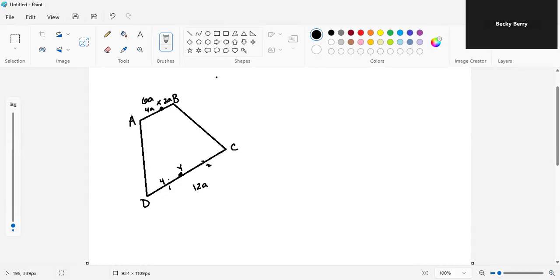So 4a for right here, 4a for right here, and 4a for right here. This total would be an 8a. So from D to Y would be 4a, and from Y to C would be 8a.